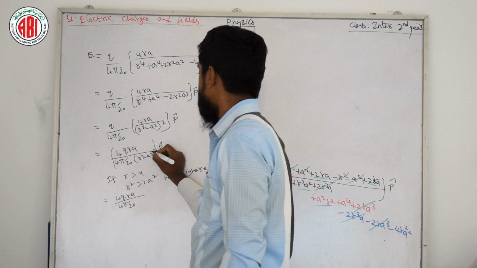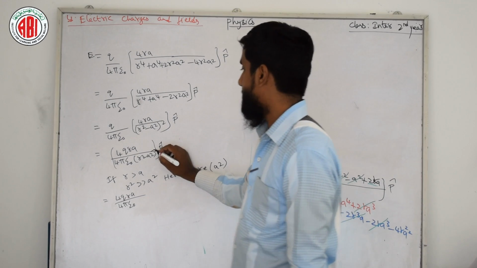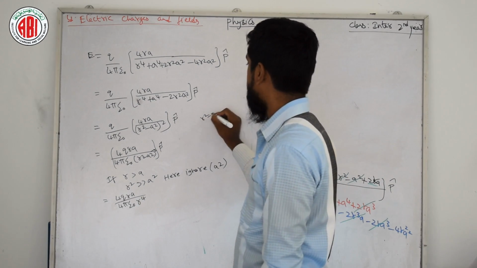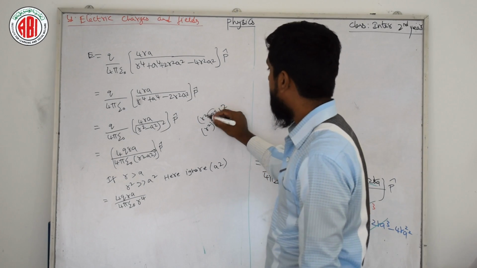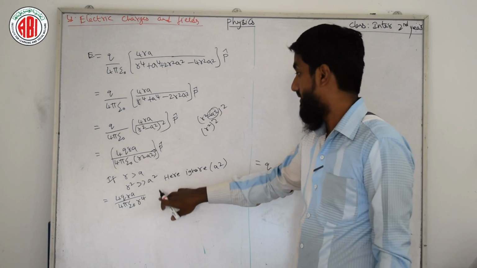If we are skipping this A square, R square into R square, we will get R power 4 here. How do we get it? Look here, R square minus A square whole square, R square whole square, because we are ignoring this A term. So R square whole square becomes R power 4.